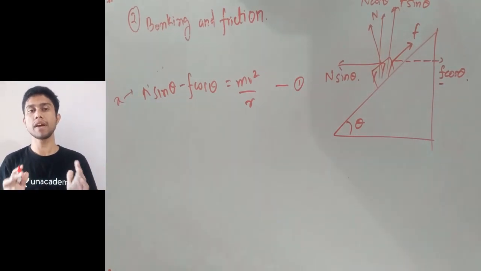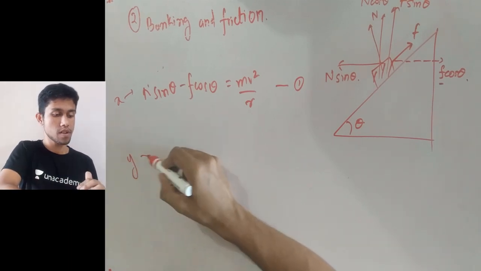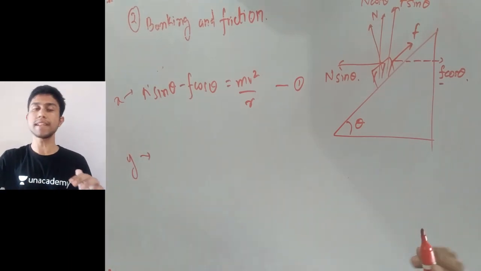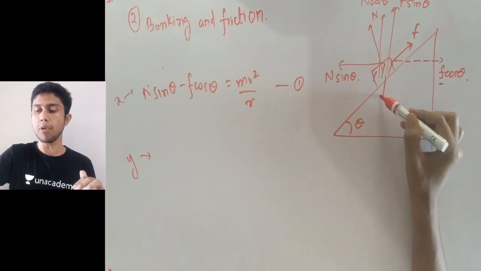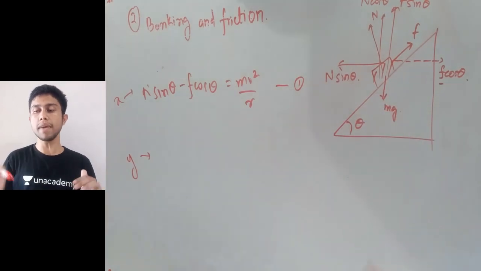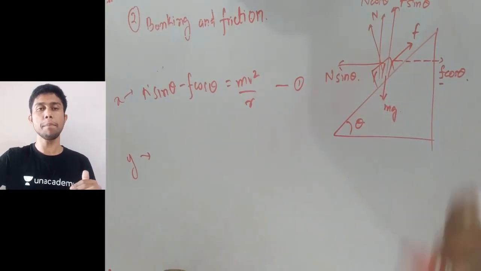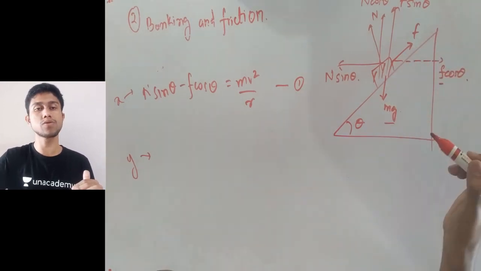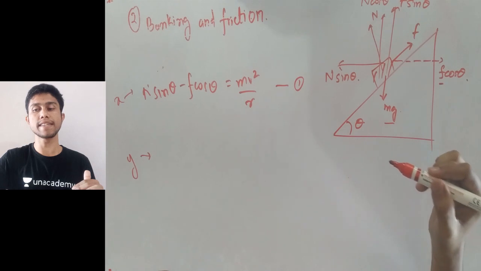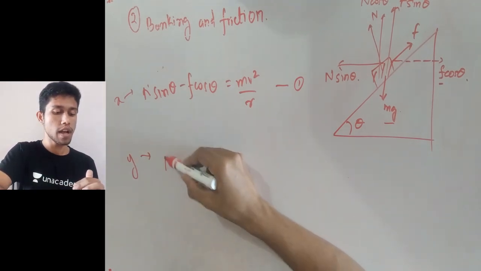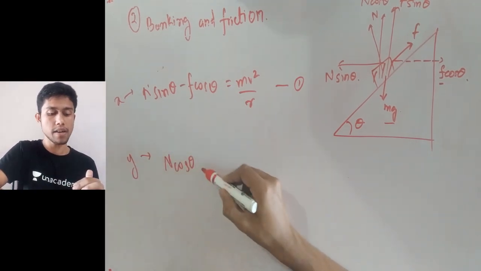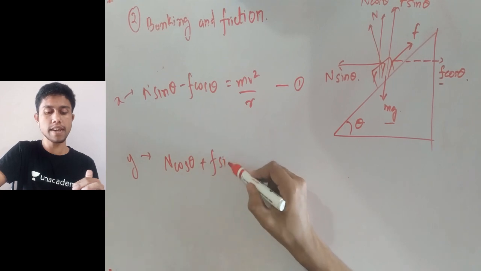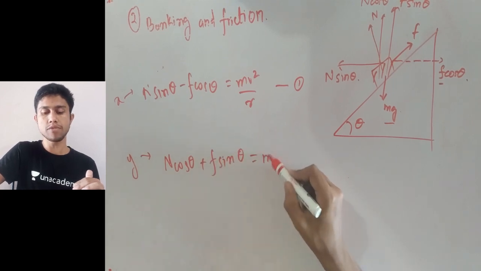Now what will happen in the y-axis? In the y-axis, I know that the body is not moving down and the body is not moving up. It means the net of the upper forces, which is N cos theta and F sin theta, shall be equal to the downward force, that is mg. So N cos theta plus F sin theta is equal to mg.